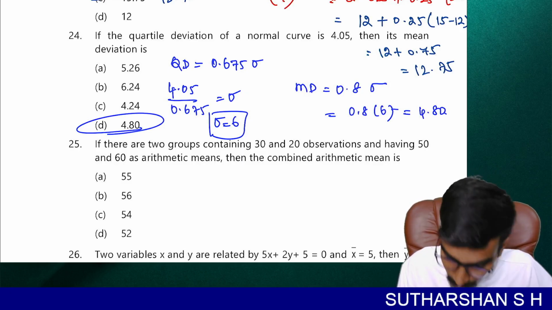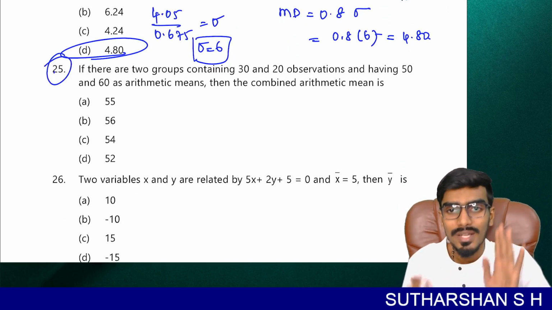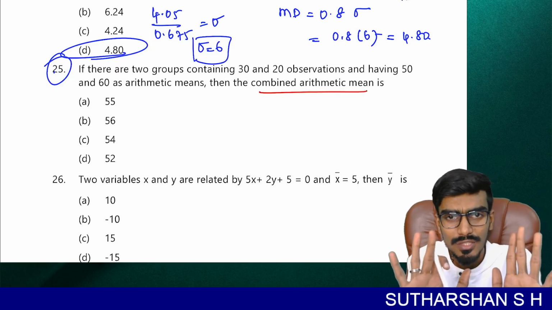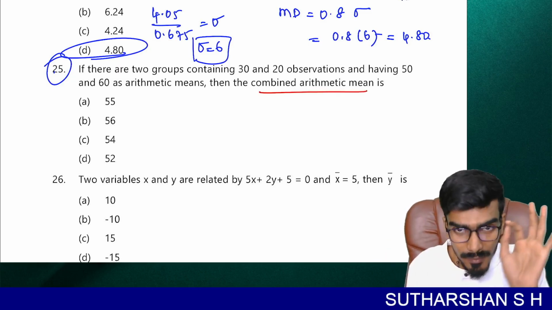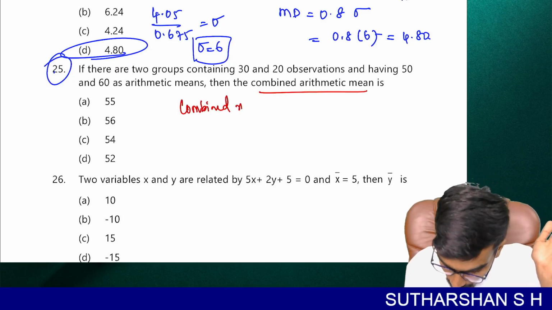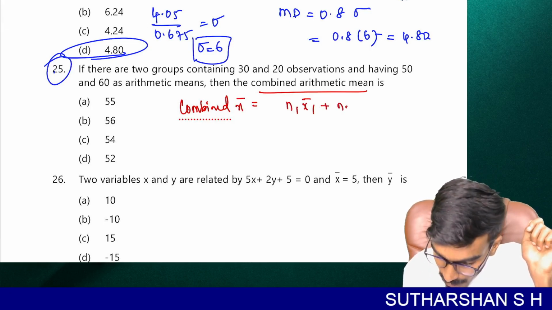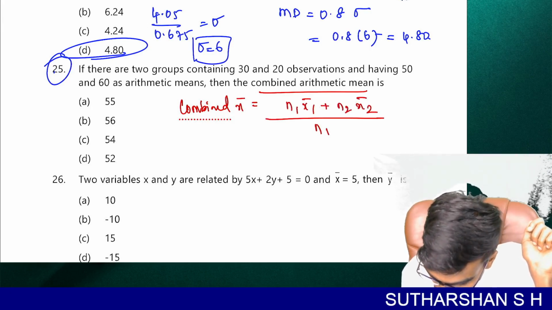Okay. Now come to question number 25. I will just give you an easy calculator trick. This is for whenever a combined arithmetic mean kind of question is there. So what is the formula? Repeat with me. Combined arithmetic mean is equal to n1 x1 bar plus n2 x2 bar divided by n1 plus n2.